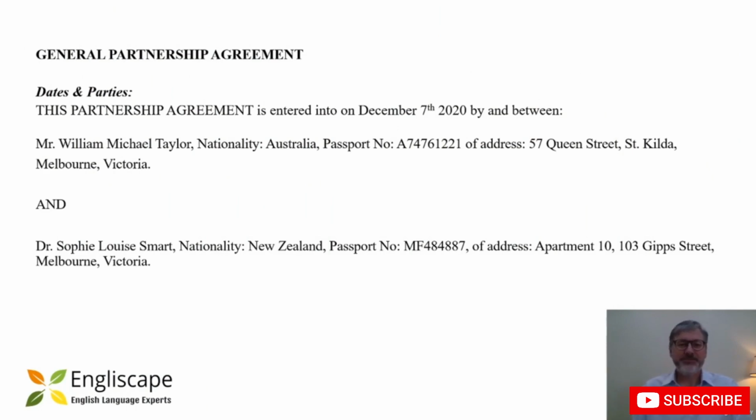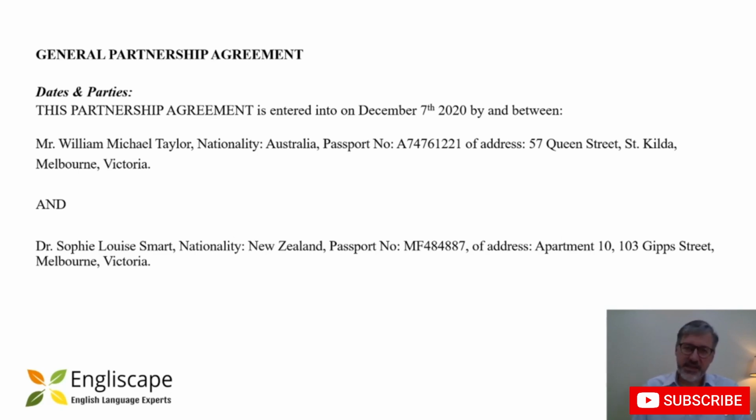Let's read together. General Partnership Agreement. Dates and parties first. This partnership agreement is entered into on December 7th, 2020 by and between, here's the first party, Mr. William Michael Taylor, nationality Australia, passport number A74761221, of address 57 Queen Street, St Kilda, Melbourne, Australia.